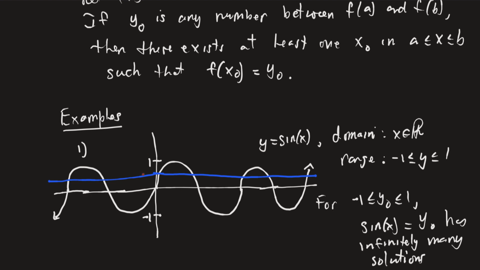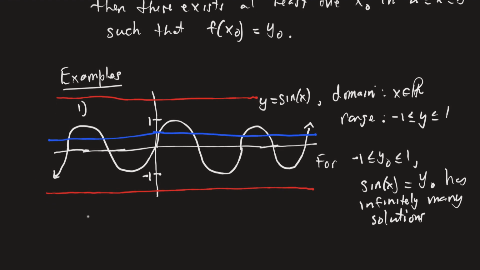Now, if I were to pick something outside of this range, for instance, this horizontal line never hits the sine curve. And similarly, this horizontal line up here never hits the sine curve.